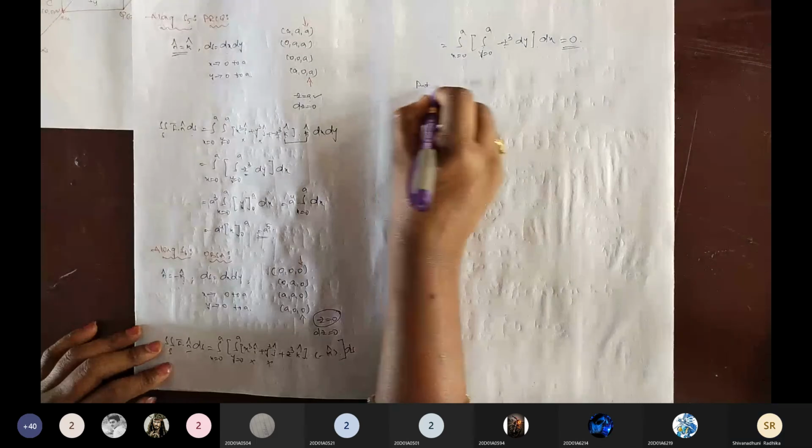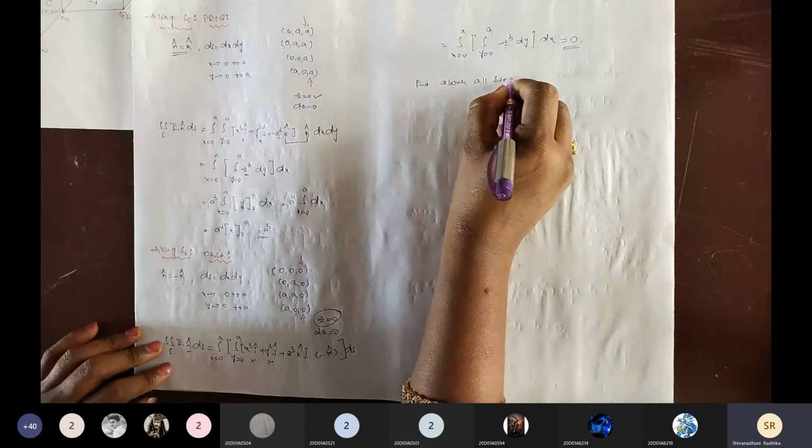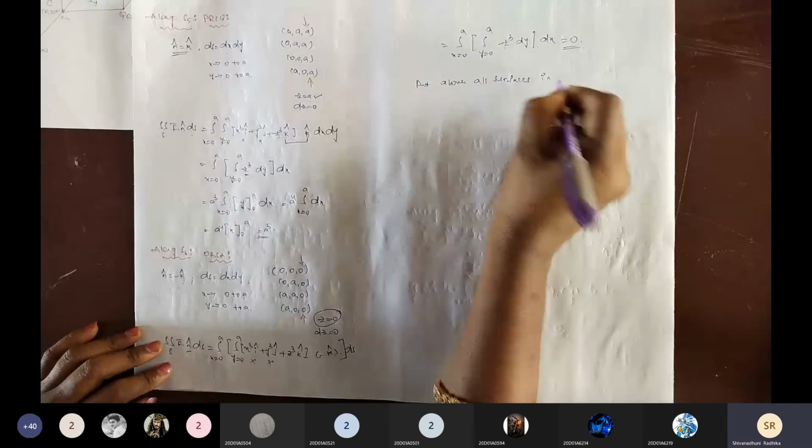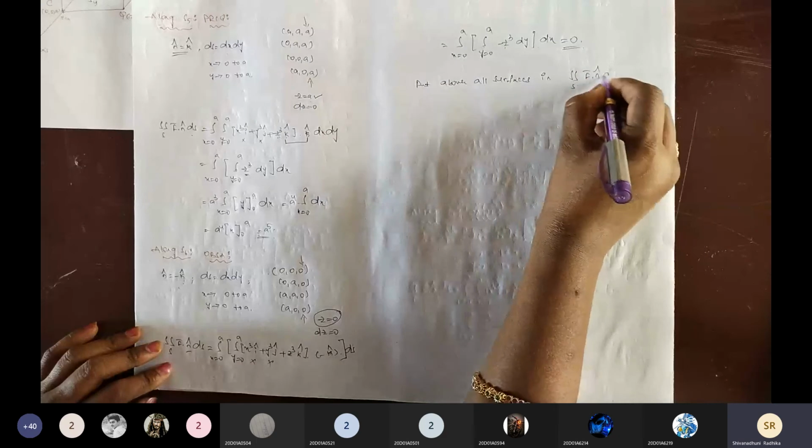Now substitute all the surfaces into the complete surface S. Put all the above surfaces in the double integration over S of f bar dot n cap ds.